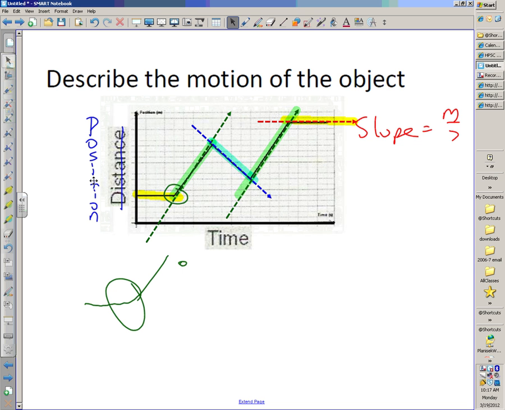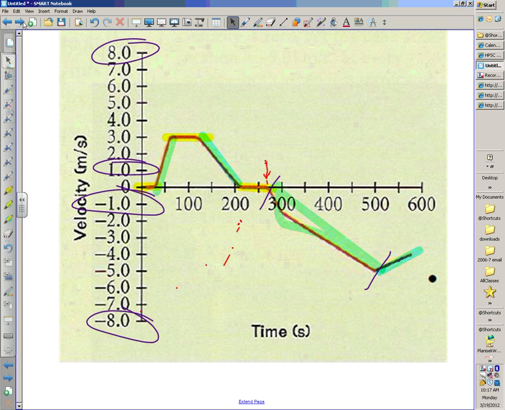Does that make sense? Because if my position stays the same, that means I'm not moving. On this graph, any flat part means I'm at rest. But on this graph, where does my flat part have to be? It has to be on zero, because it's telling me velocity.